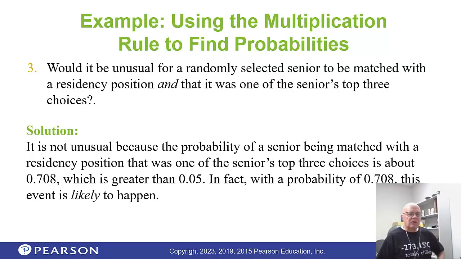Well, that's it, folks. That is section 3.2, and you learned about conditional probabilities and the multiplication rule. Next time, we'll take the addition rule and talk about that. Remember, the multiplication rule, the word you want to remember is the word "and."